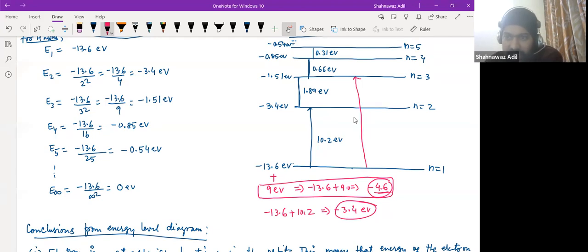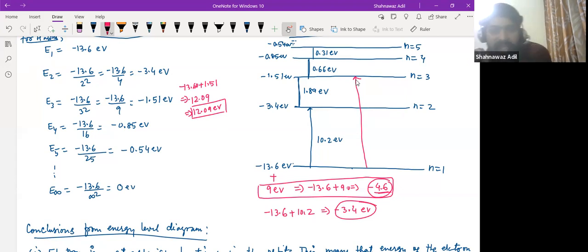Then how much energy will it take? We have to provide minus 13.6 plus 1.51, which is minus 12.09, which means that we have to provide 12.09 electron volt. If we provide 12.09 electron volt to this electron, then only it will take that much energy and go to the higher energy level, right?